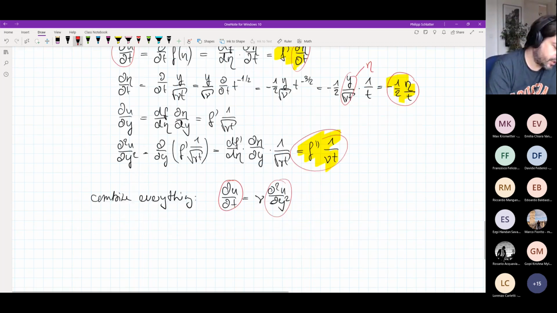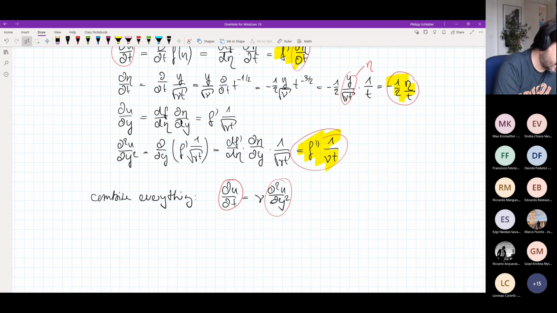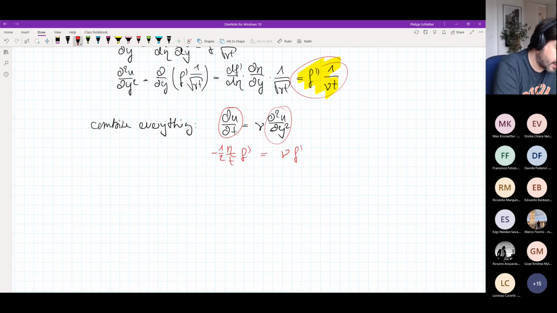Now if we do that, what do we get? We get -1/2 nu divided by t times f prime. That's for the first term, and that is then equal to nu times f double prime times 1 divided by nu t.